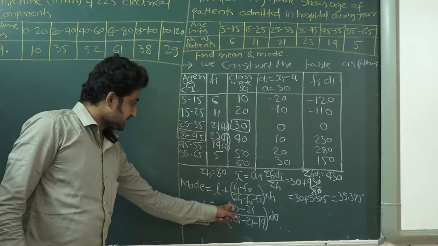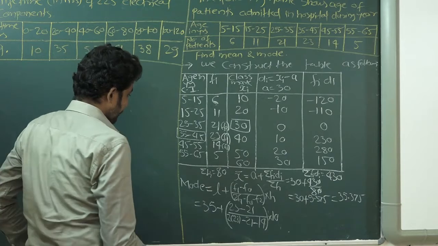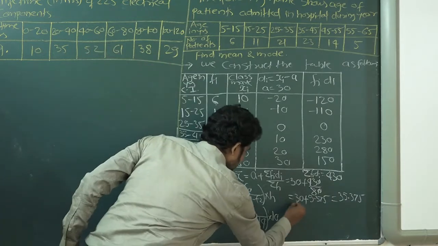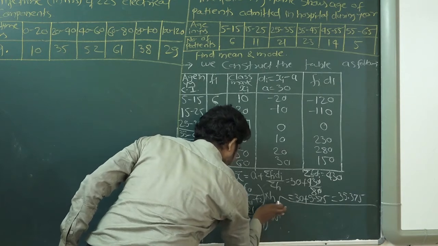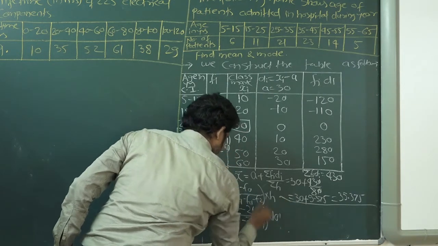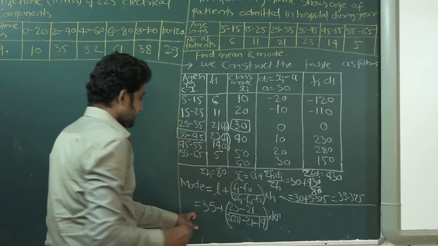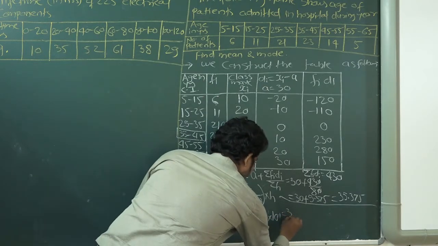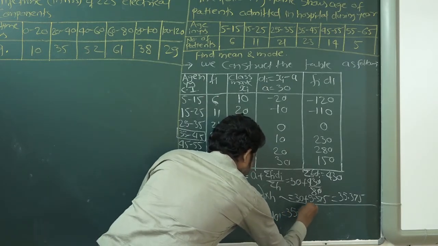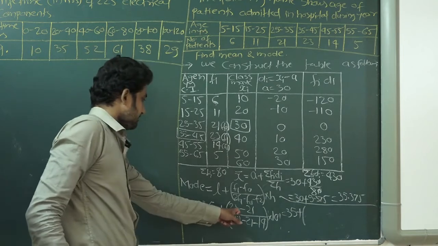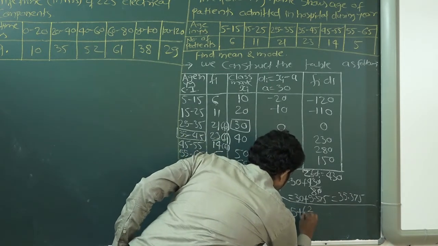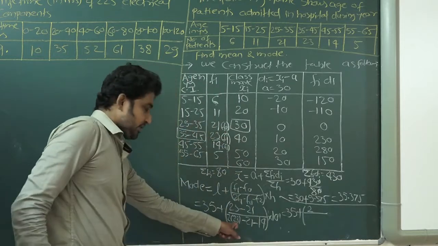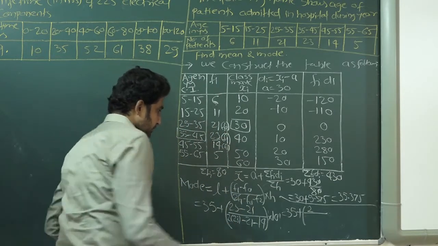Now dear students, here we have some calculations, right? So this is 35 plus, in bracket, 23 minus 21, that becomes 2. 2 into 23 becomes 46.